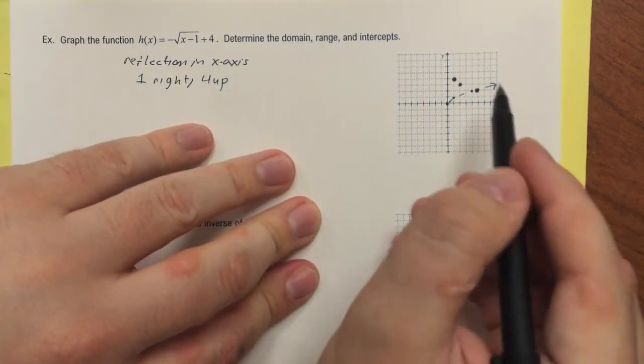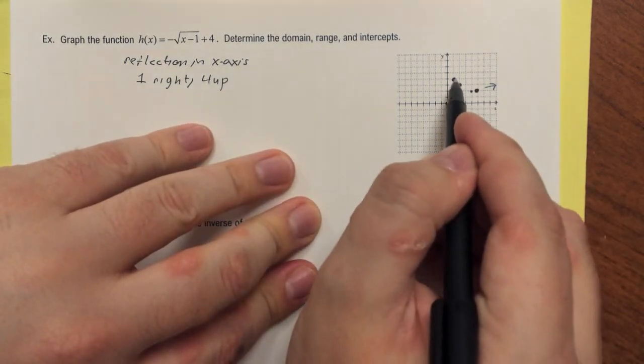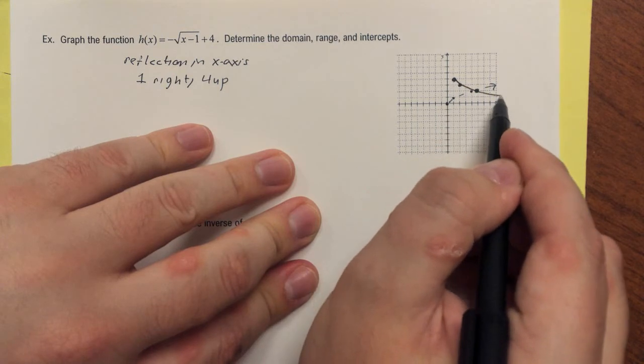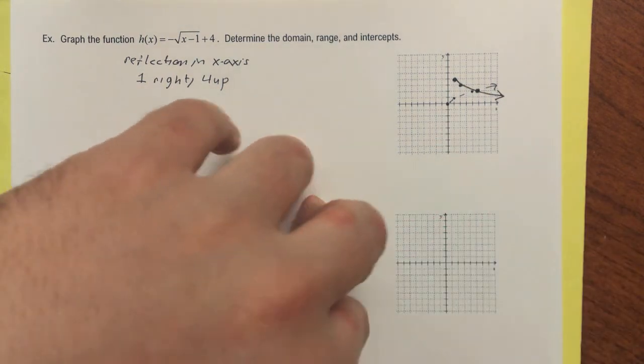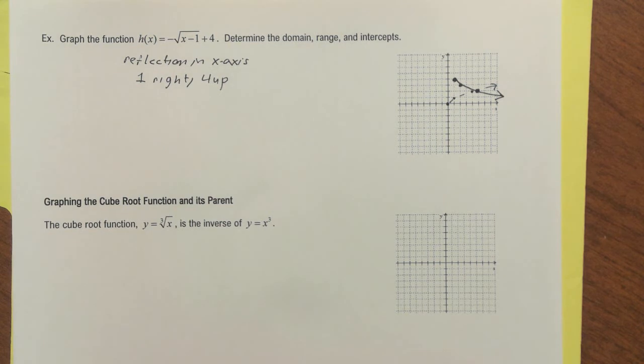And you're going to see this will cross over the parent function that I had. And just put a nice smooth curve through it. The reflection will make me go down where I would normally go up. And if there were any points where I'd go down for a different function, that would mean down becomes up.